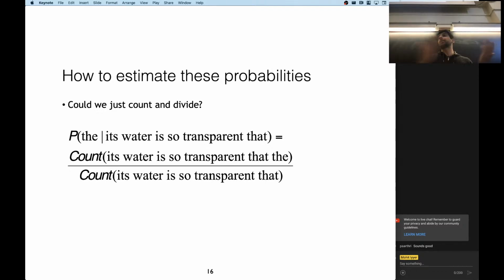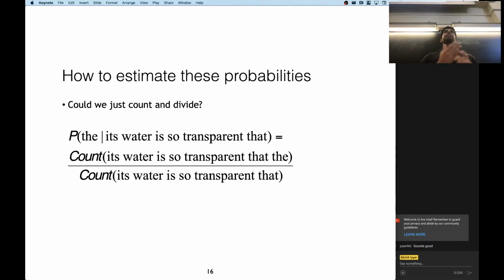Now that's a completely different count if I'm interested in the probability of some 50,000 word long sequence. So this is a terrible approach, right? You run into huge issues with sparsity and lack of data. Regardless of how much data has ever been written on the internet, you don't have enough to estimate all of these probabilities, because the counts get very, very sparse as you increase the length of the prefix.